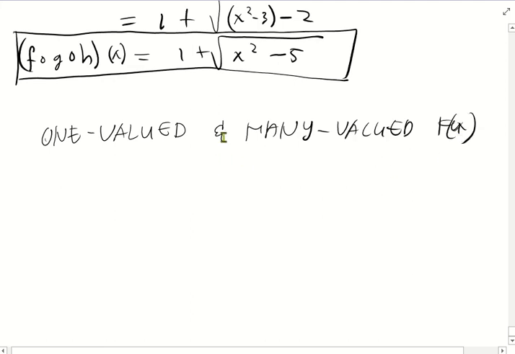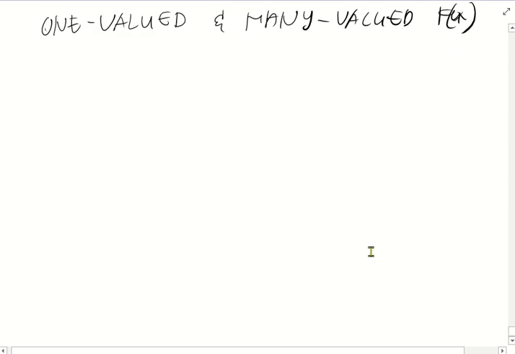So, well, we defined function before. A function is a relationship between two variables, an independent variable and a dependent variable. So you put an input, at least one input, but your output or result is always one. You only have one result.